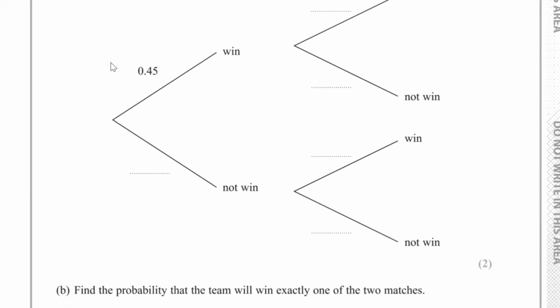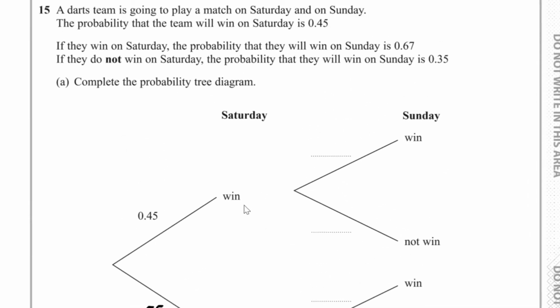Well, if the probability of winning on a Saturday is 0.45, one subtract 0.45 is 0.55. So that's the probability of not winning on a Saturday. Now we know that if we win on a Saturday, the probability of winning on a Sunday is 0.67. And so the probability of not winning on a Sunday is 1 subtract 0.67, which is 0.33.